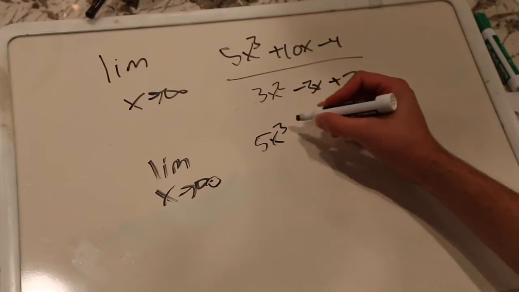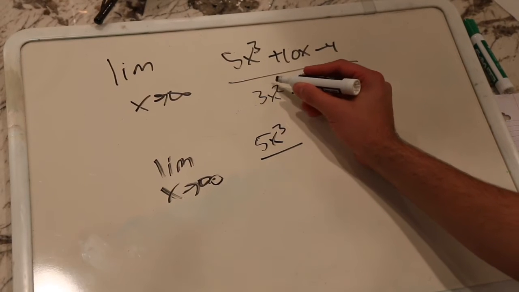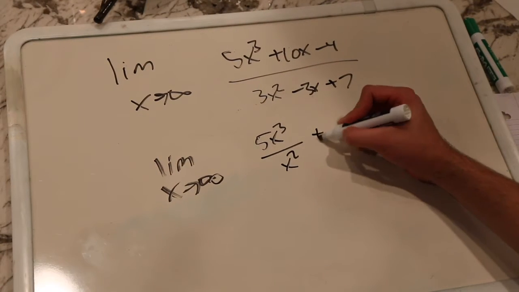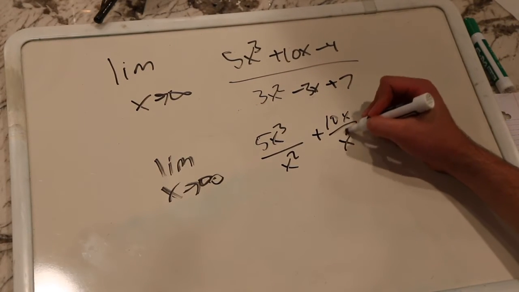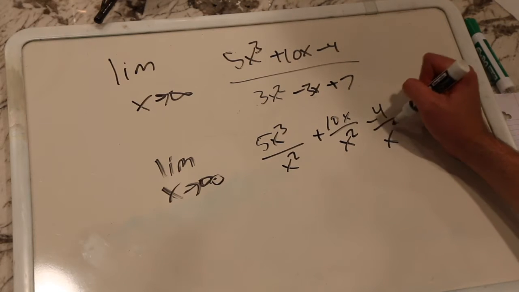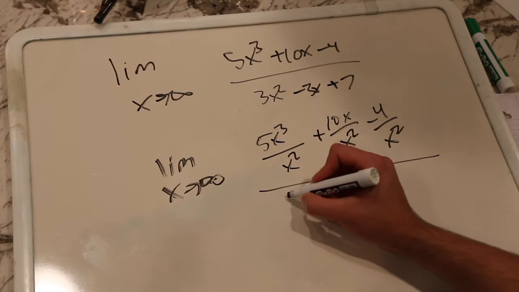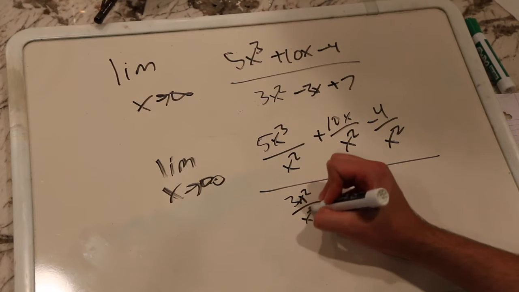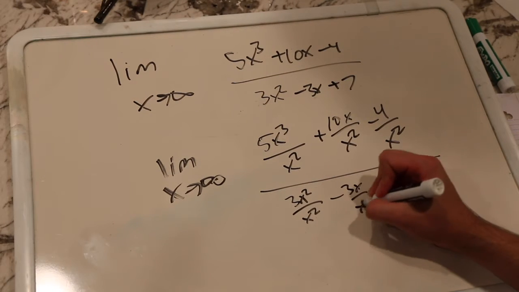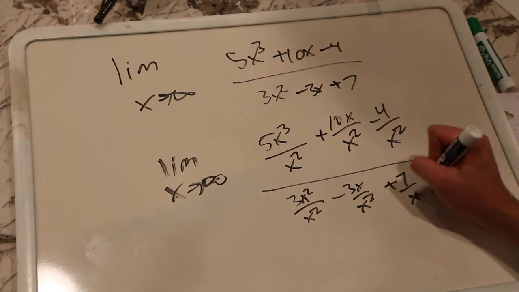5x cubed over the largest degree in the denominator, so x squared, plus 10x over x squared minus 4 over x squared. It's going to be all over 3x squared over x squared minus 3x over x squared plus 7 over x squared.